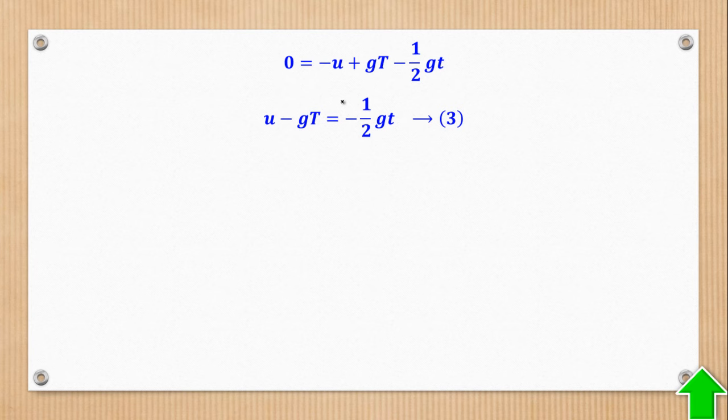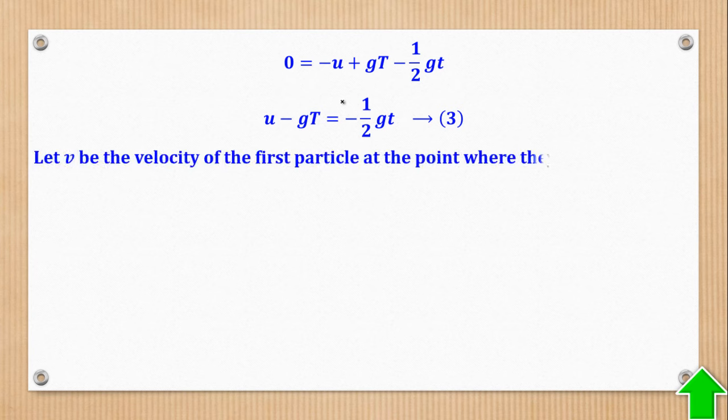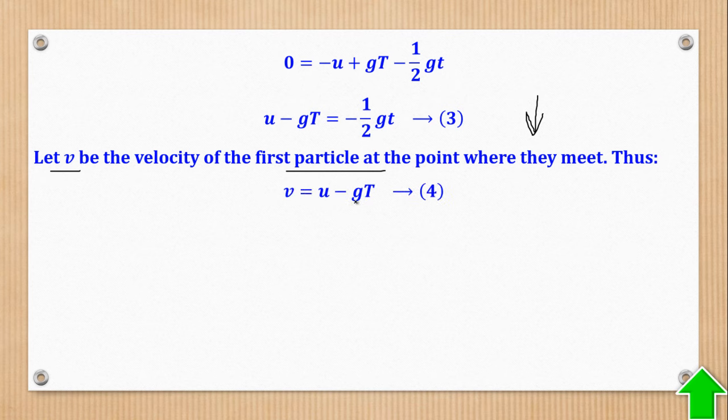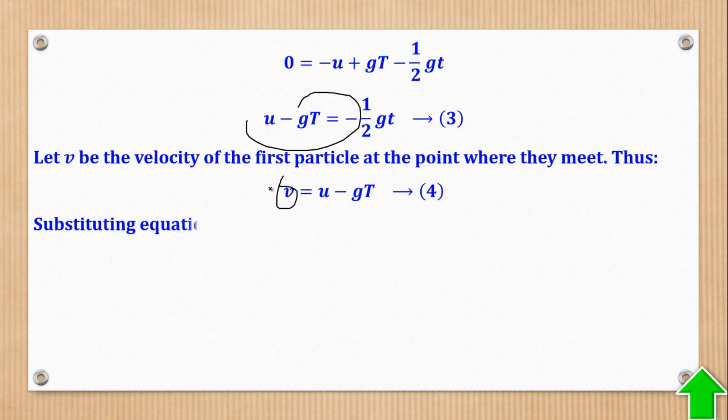This one is somehow familiar because we know that from the first equation of motion, if v is the velocity of the first particle at the point where they meet, it means it is downward. Because it is downward, it means that v is equal to u minus gt. So I'll substitute for this, replace this with v, and you'll come up with this.